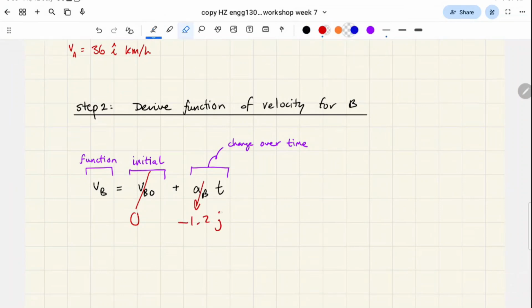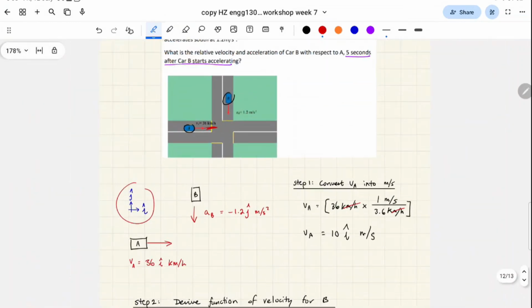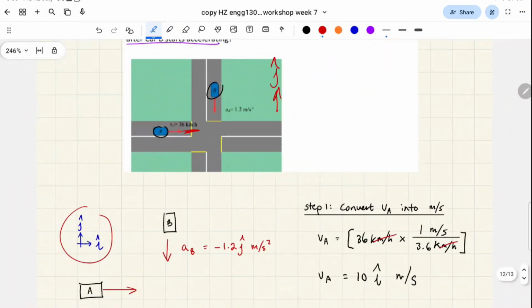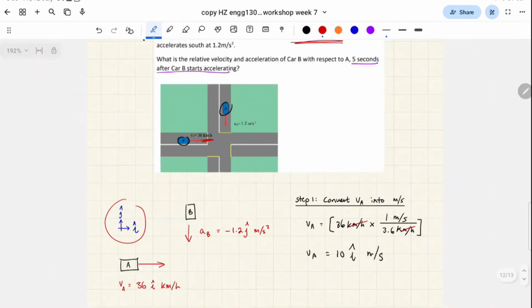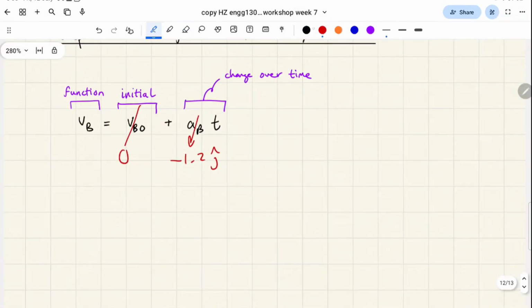This is relevant because j is positive that way, and it's moving downwards, so it's going to be a negative j. So VB is equal to negative 1.2 t j. That's its function.